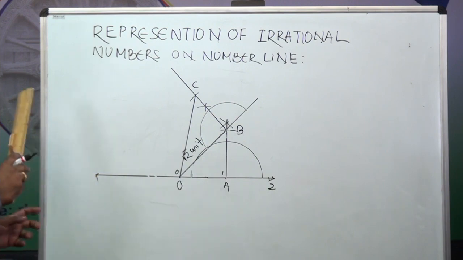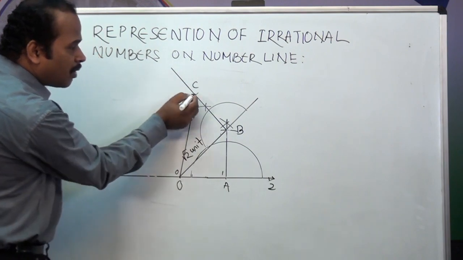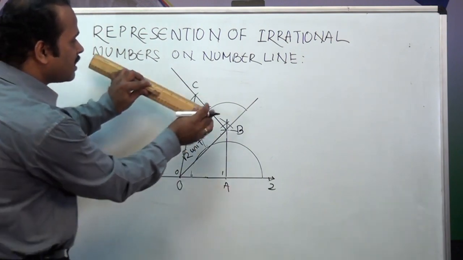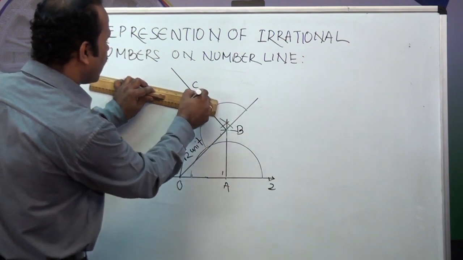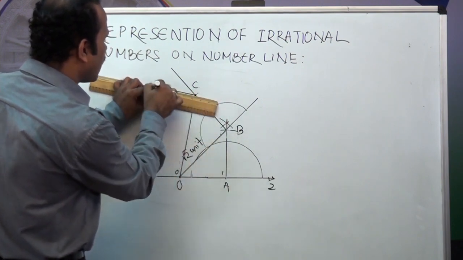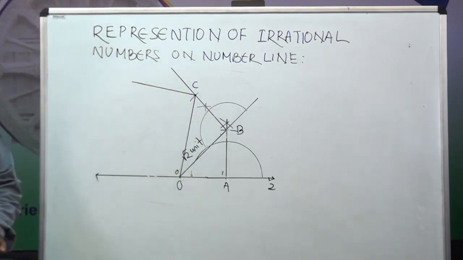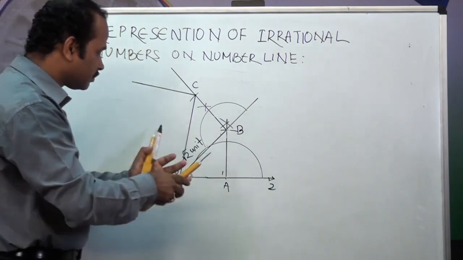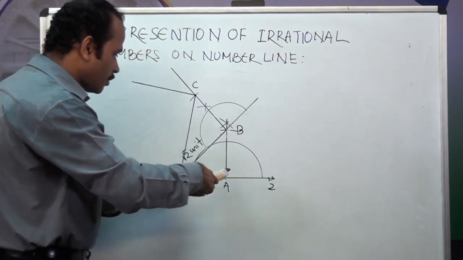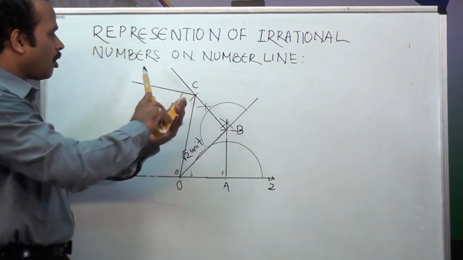If I go on keeping the same process, you will find that at every point I will construct a perpendicular, I will extend this, and in a similar manner I will find a right angle here and take again 1 unit there. With the same process, this 1 unit there, I will cut.